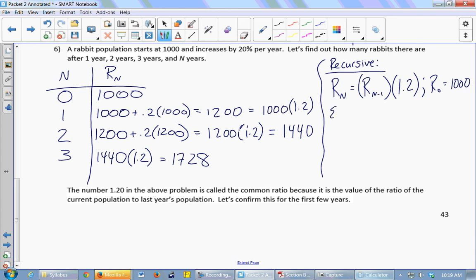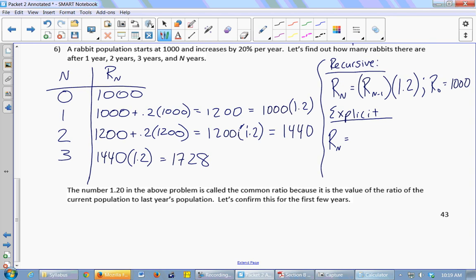All right, let's look at the explicit formula. Think about what we're doing. We're starting with 1,000 rabbits, and every year we multiply by 1.2. Multiplying by 1.2 over and over and over again, what notation do you use to represent multiplying by a number over and over?